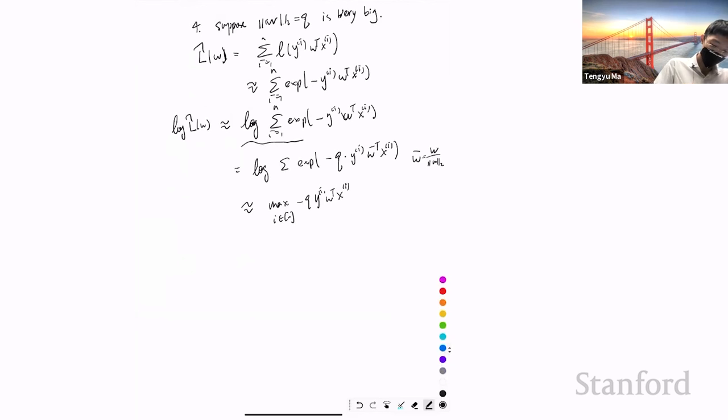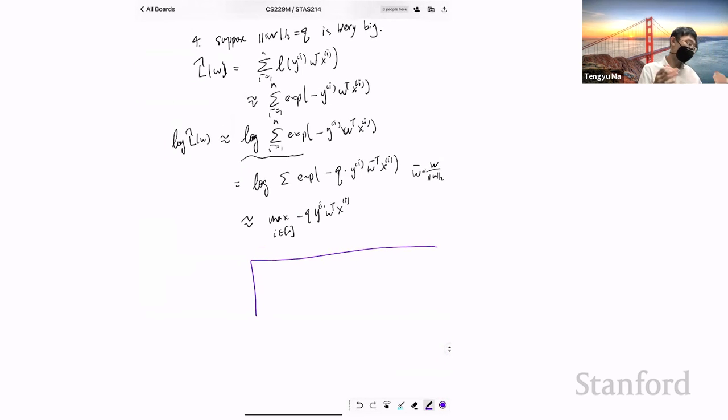Why this is the case: for those who are familiar, log sum exponential is kind of like a soft max. If you look at the log sum exponential of, let's say, Q times ui, I'm trying to abstract this a little bit. You have a Q that is very large and ui is something fixed.